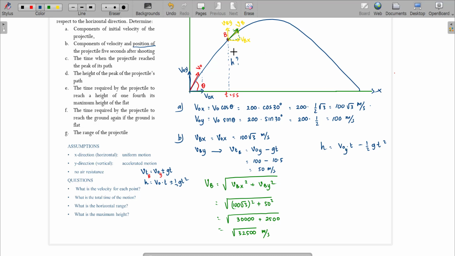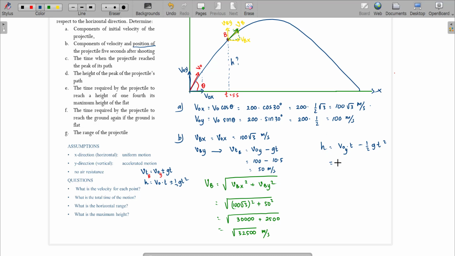Why? Because h in here is exactly the vertical axis, but V0 alone is like this, making an angle of 30 degrees, so it's not correct. So you must use the y-axis component as well. That's why we use V0y.